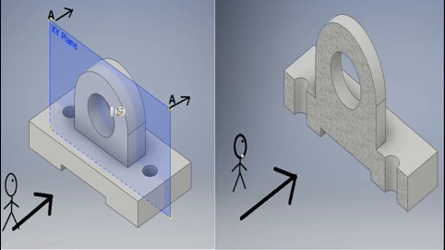If you look at the picture on your right, you can see that after cutting, our section view will look like this. You can see on the section view, we have a rough surface.